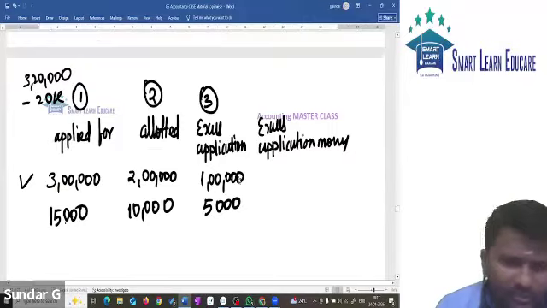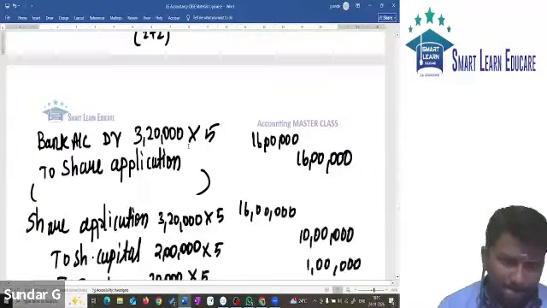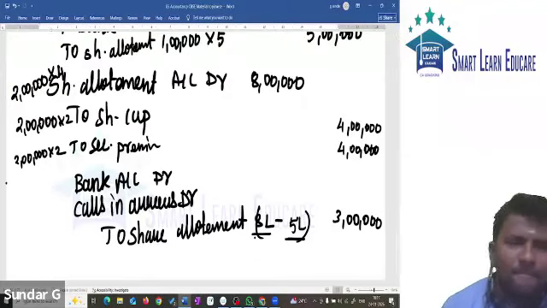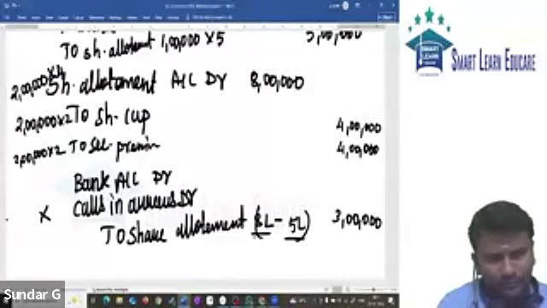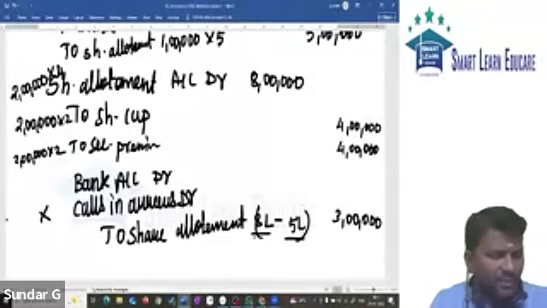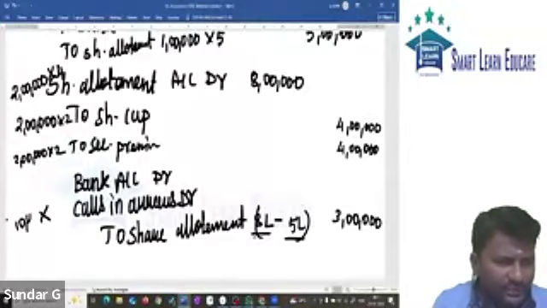So excess application over. What is excess application money? It is 1 lakh into what is the price? 1 lakh into, this person has applied for, we found out, 10,000 shares.